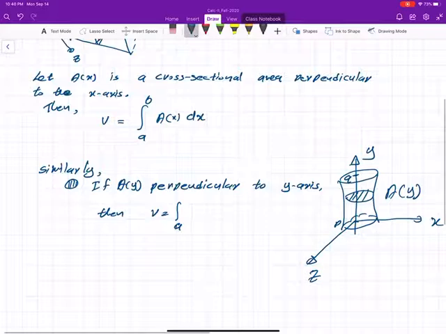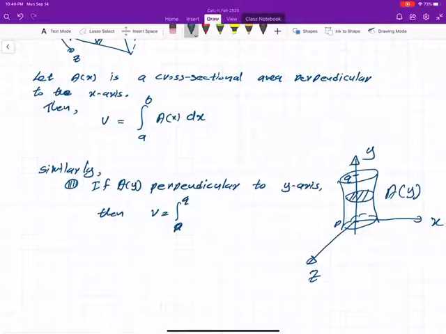This is the integration from p to q of A of y dy.